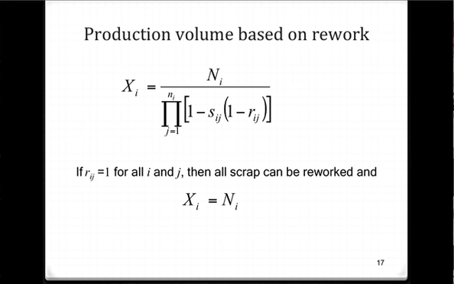Based on the same principle that we use for the process model, but now for the system, we see the relationship between scrap rate, the rework rate, and the amount coming out of our system. If, of course, we can rework everything, R sub ij is equal to 1, then all scrap can be reworked, and we just end up with N sub I. Of course, if we multiply these together, you can see we're compounding the effects of scrap rate and the rework.